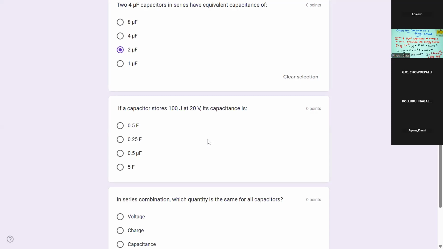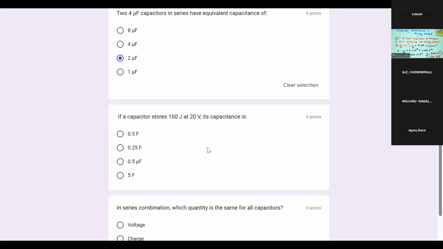So 20 volt to the whole square means 400 V square. So 2 into 100 joule, 200 joule. So 200 joule by 400 V square. The capacitance is... yes, option A. Yes, correct. Very good.